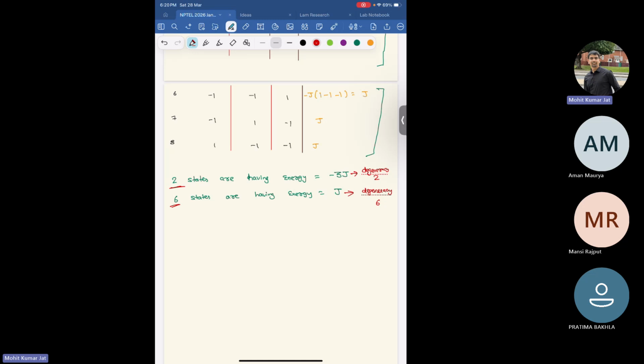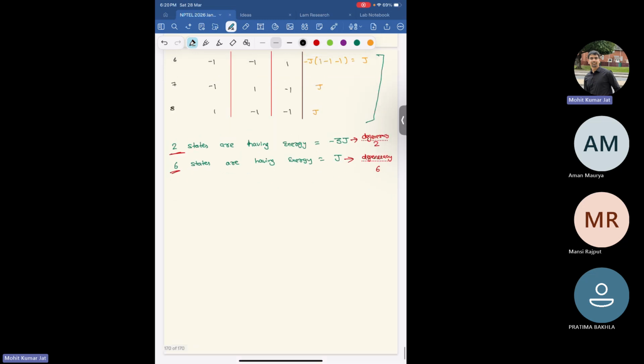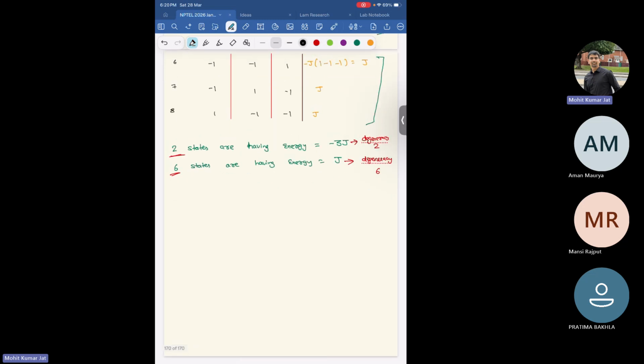Okay. Now let's write the partition function. Now we know the energy. So let me summarize it. Energy and degeneracy: energy is minus 3J, degeneracy is 2. Energy is J, degeneracy is 6.